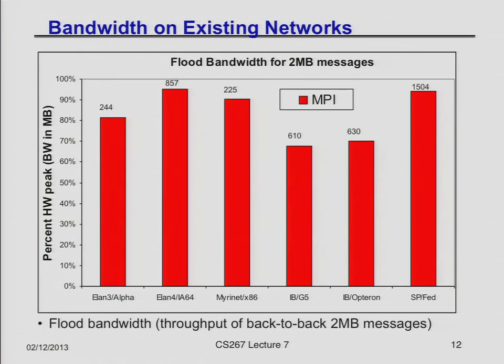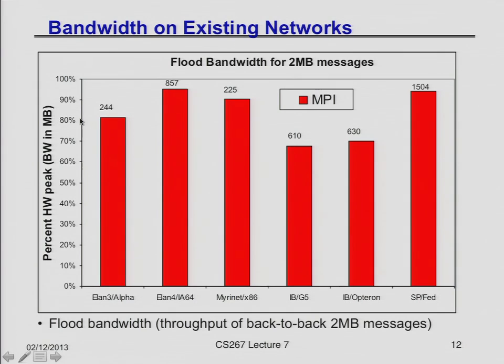So here is some data. And this is for sending 2 megabyte messages. So these are very large, so the data payload overwhelms everything else. For the same set of machines and networks that we had before, so for example, InfiniBand on a G5, InfiniBand on Opteron. And there's sort of 2 labels on the vertical axis. The first one is the percent of hardware peak. So forget the software and all the packing and unpacking, just measure the raw hardware bandwidth.